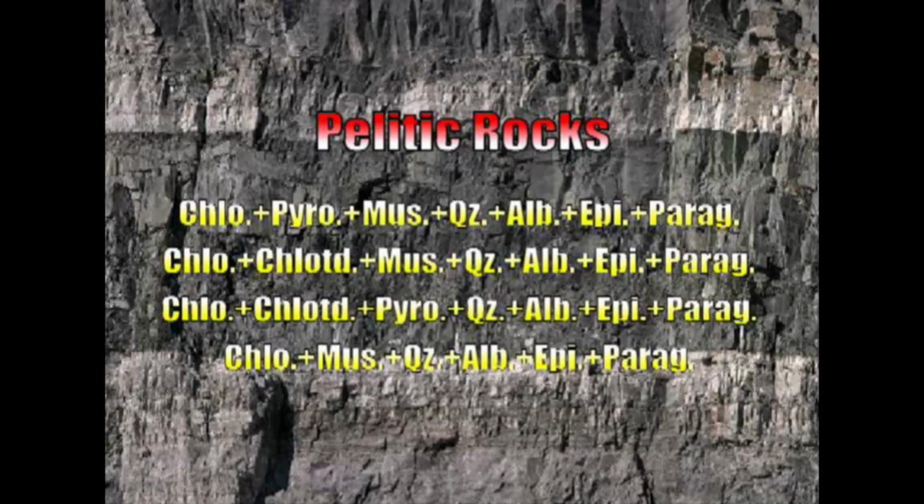Third is chlorite, chloritoid, paraphyllite, quartz, albite, epidote, and fourth is chlorite, muscovite, quartz, albite, epidote, etc.